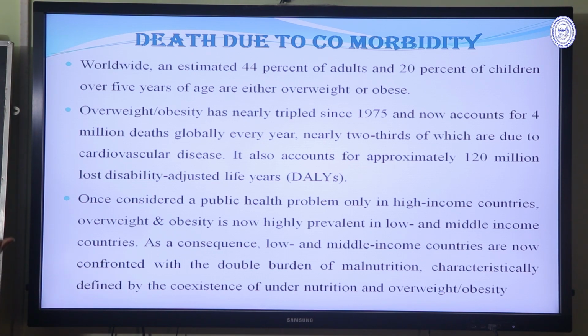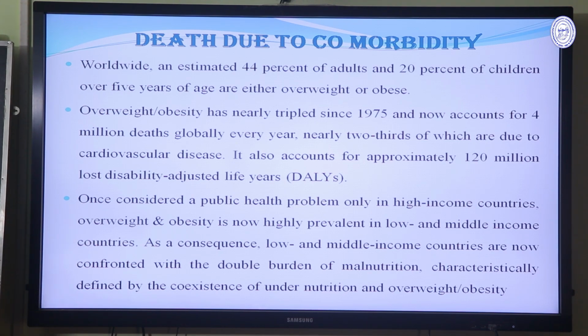The data has almost tripled from 1975 to now, and accounts for approximately 4 million deaths throughout a year all over the world. Two-thirds of these deaths are due to different cardiovascular diseases. It also accounts for 120 million lost disability-adjusted life years.